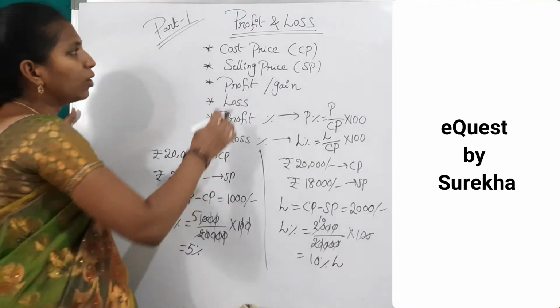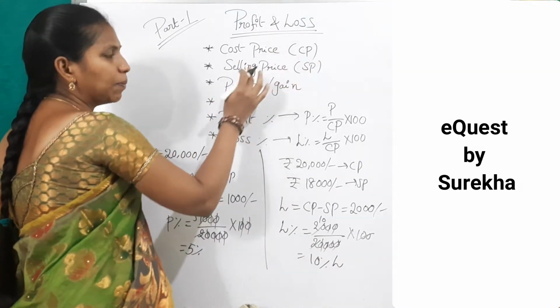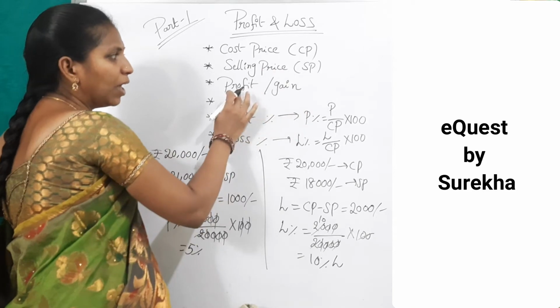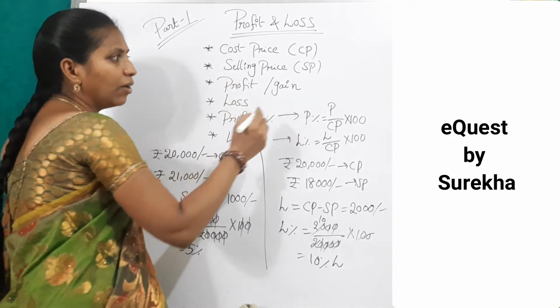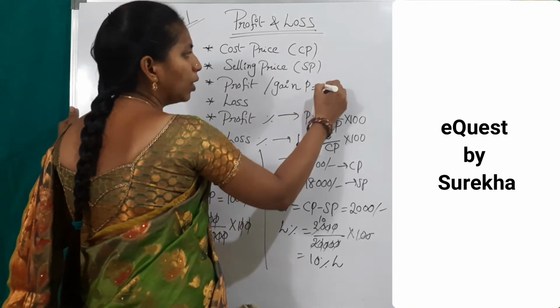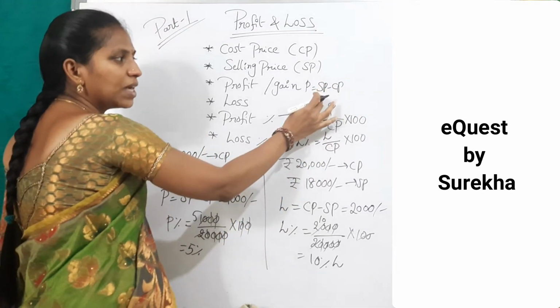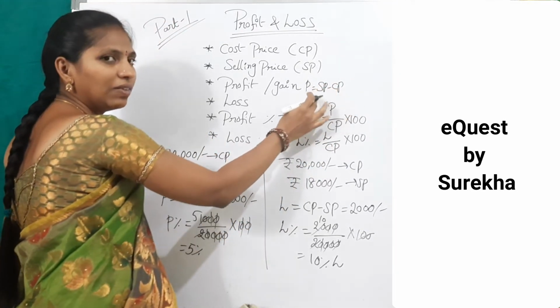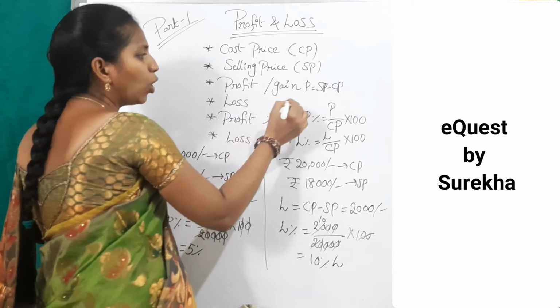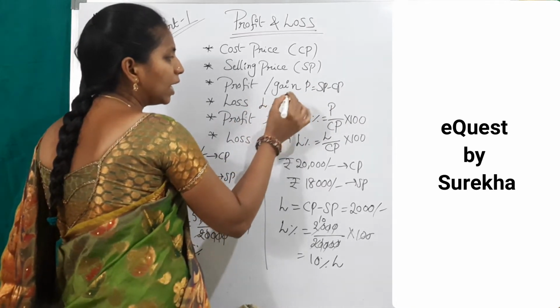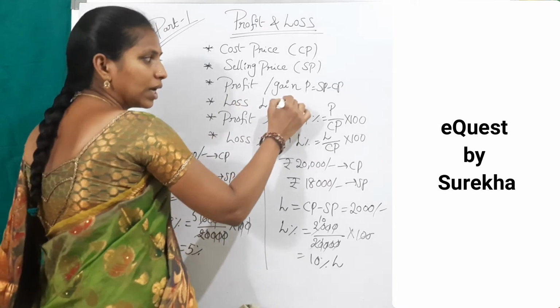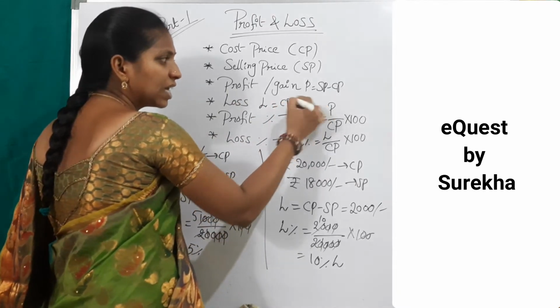loss. Here, cost price is CP and selling price is SP. The profit or gain formula is P equals SP minus CP. If SP is greater than CP, then we will get a profit, and the loss formula is L equals CP minus SP.